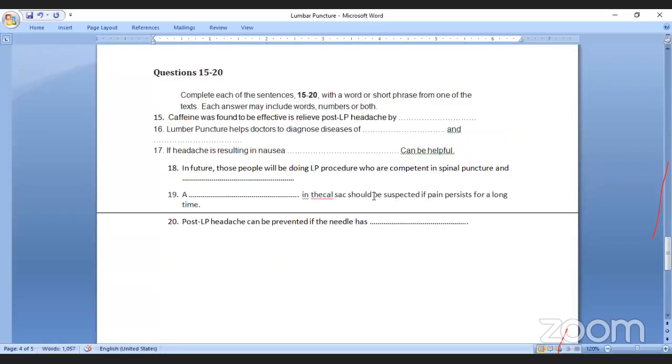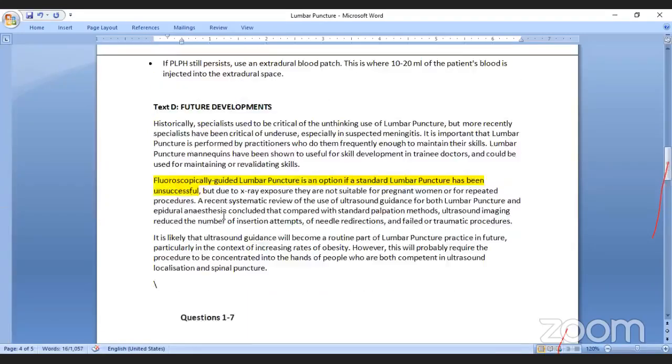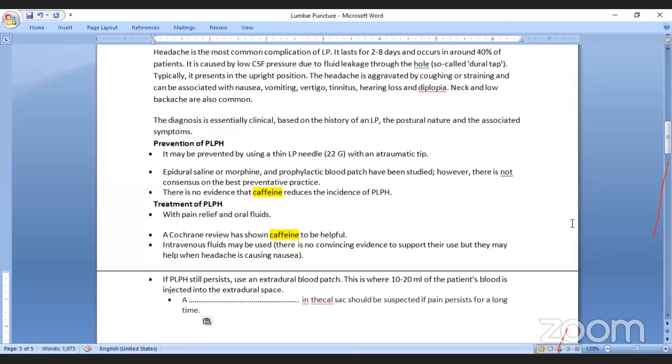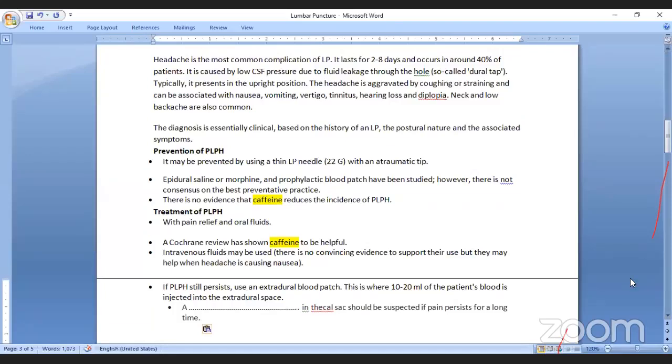A dash in thecal sac should be suspected if pain persists for a long time. It's very easy. It would be in the post LP section. Try to find the answer quickly, please. Can you find the answer in text C?